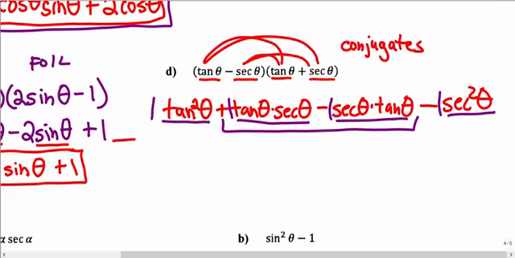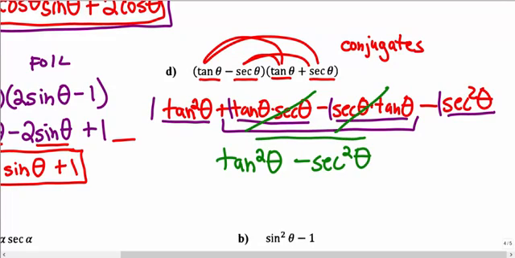Well, plus 1 minus 1 gives us 0. So these two middle terms end up canceling each other out. So we end up with tangent squared theta minus secant squared theta. And another word for this, we could call this a difference of two squares. Perfect square minus a perfect square.